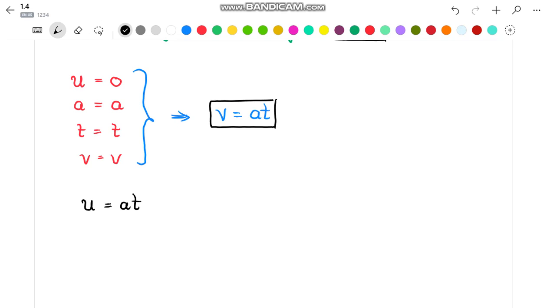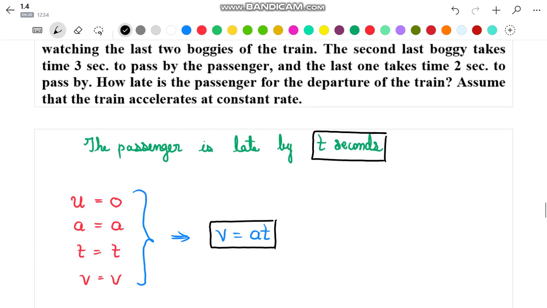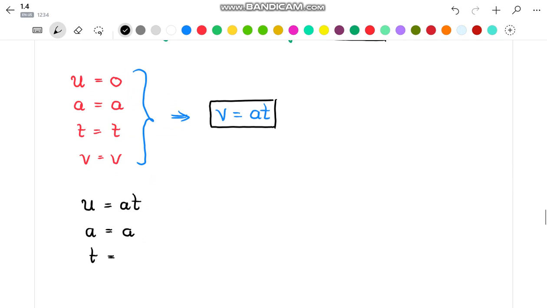He will observe that the second last bogie in front of him has an initial speed of at, and since acceleration of the train is assumed to be a, it is also mentioned that the second last bogie takes a time of 3 seconds to cross the observer or pass the observer.